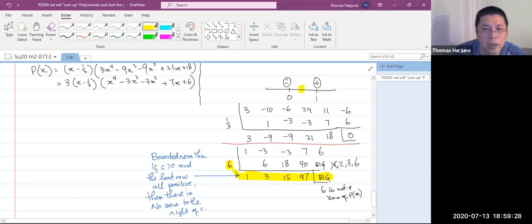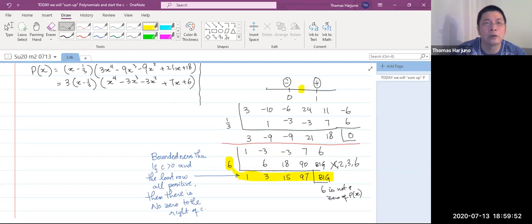Then 6 is not a 0, and no number greater than 6 is a 0, not even an irrational number. If you use synthetic division where this is 6 and positive numbers here, then 6 is not a 0 and no number to the right of that greater than 6 is a 0.